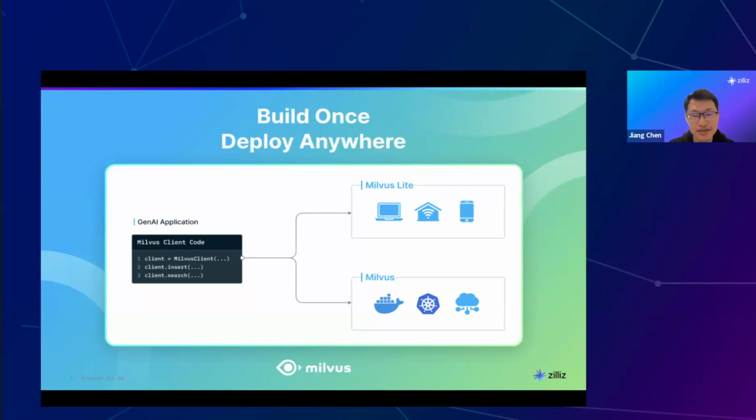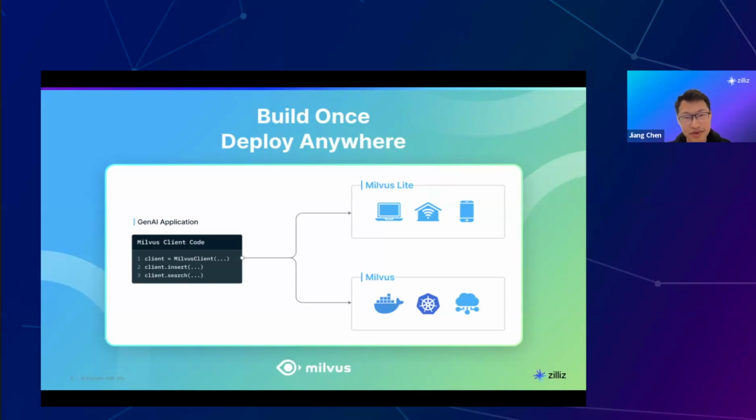The only change you will need is to switch the endpoint in the Milvus client, because you have set up a new server and you want to express the server endpoint while establishing the client.